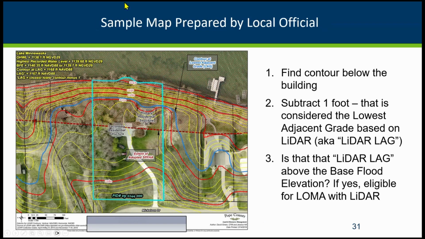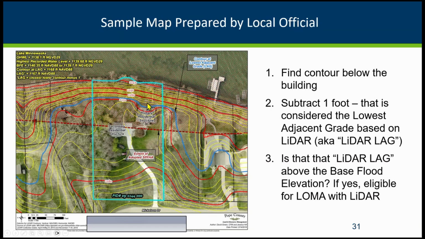And basically, what you have to do is, here's an example where you can see all these contour lines. And here's the building. The floodplain is running across here. They're showing that building in the floodplain, even though they're clearly like 40 feet above the water. So to use the LOMA with LiDAR, you find the contour below the building that's not touching the building. And in this case, this is kind of close, so we might even go to the next one just to be on the safe side.